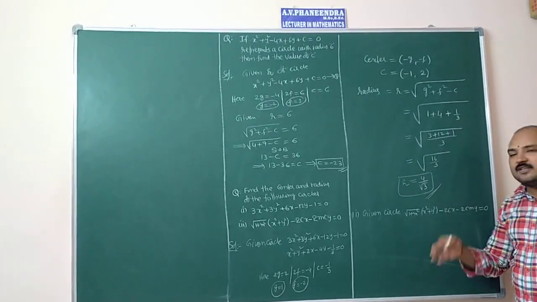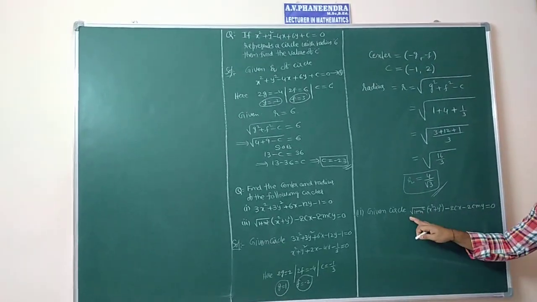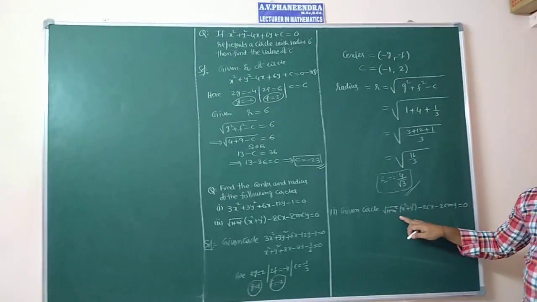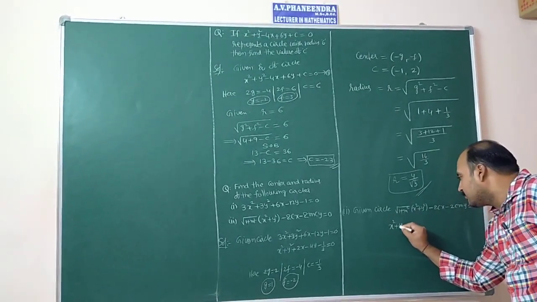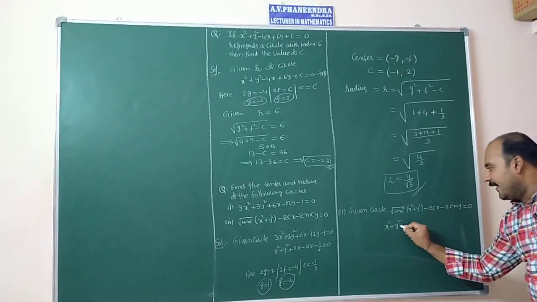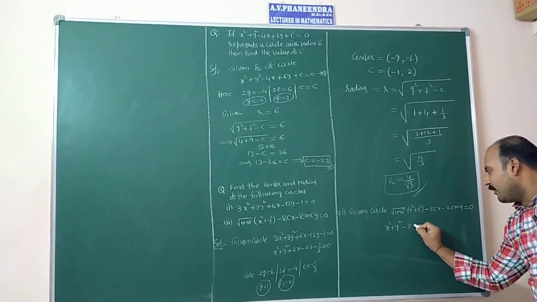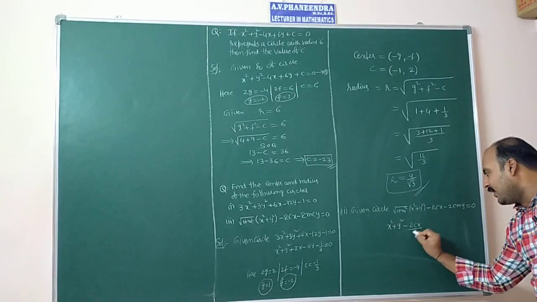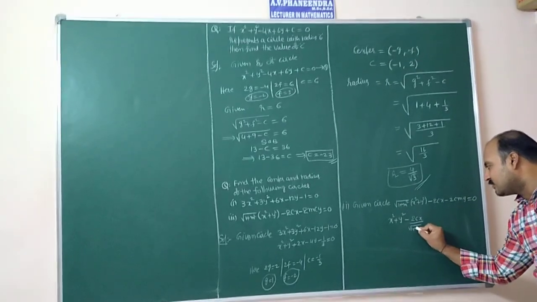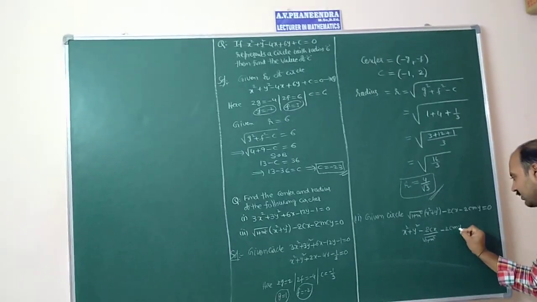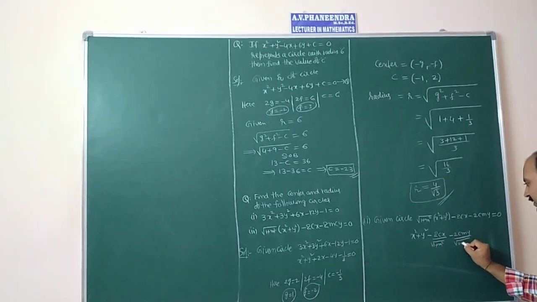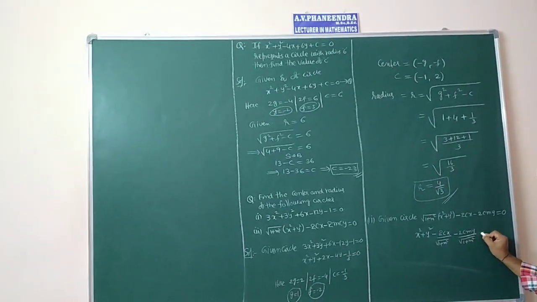So, to get the general form of the circle, divide throughout by √(1 + m²). Each and every term divided by √(1 + m²), the equation becomes x² + y² − 2cx/√(1 + m²) − 2cmy/√(1 + m²) = 0.